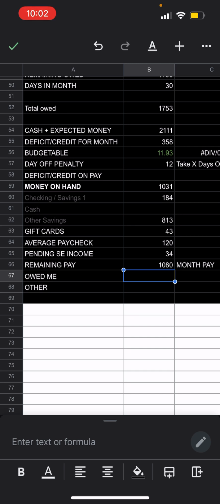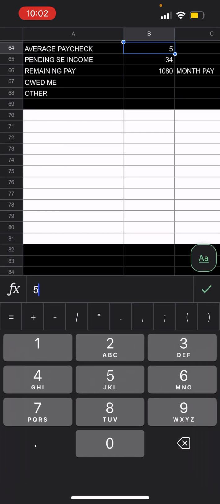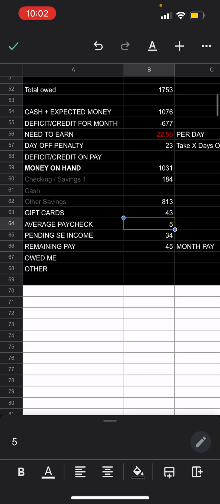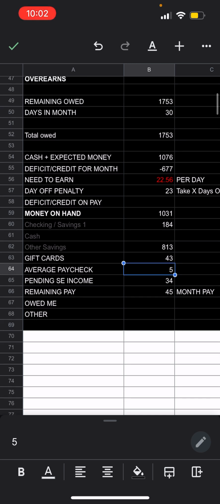So let's just say you only made like $5 on an average paycheck. And so that would show that you had 9 paychecks coming, and then you would have a deficit here.